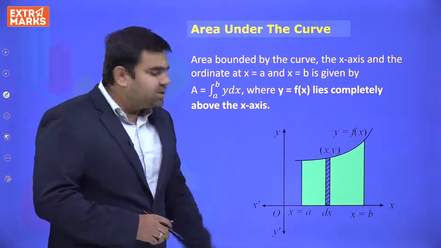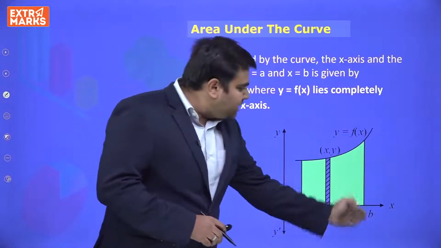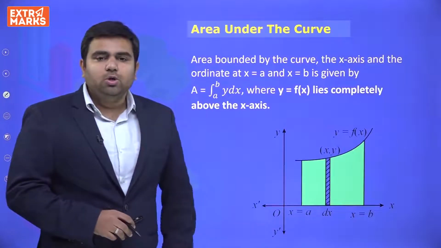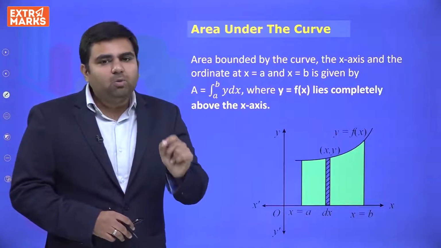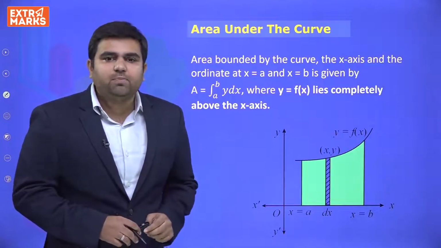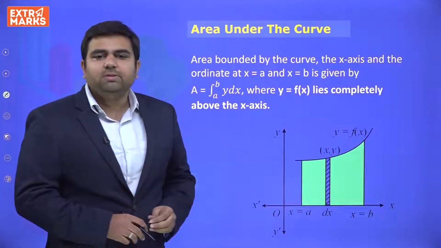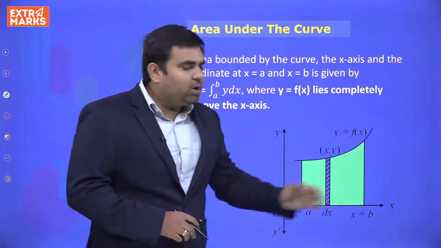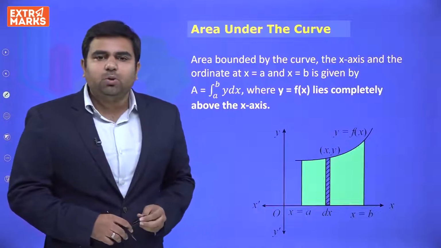These ordinates are the vertical lines x equal to a and x equal to b.